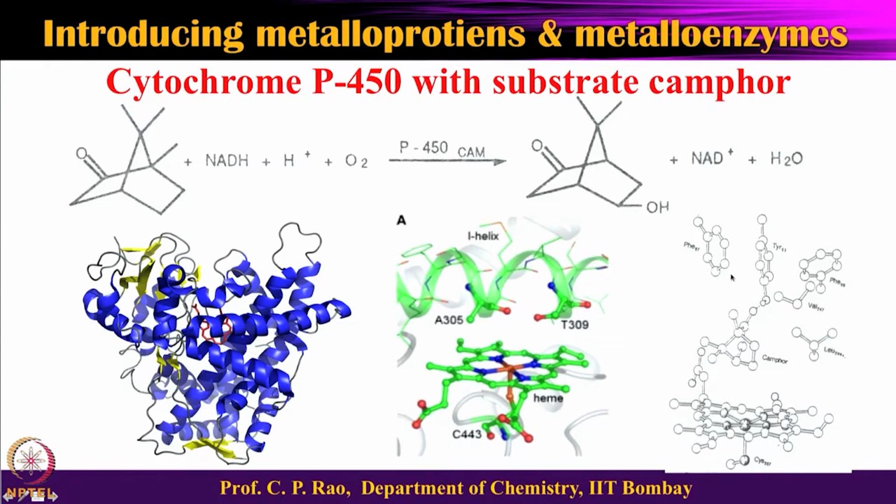You can see there are residues here and there, phenylalanine, tyrosine, all these residues. And this is your substrate, and it is not just left alone, there are interactions between these residues and the substrate, hydrophobic as well as other interactions.